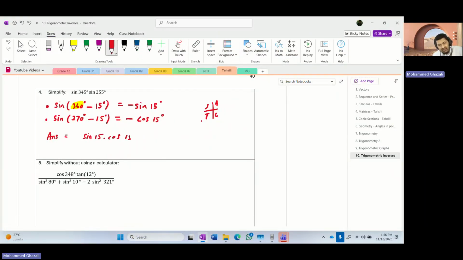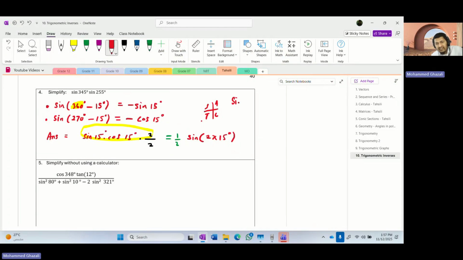Now look at this trick here. If I take this and multiply by 2 over 2, I will get half because of the 2 outside. And if I group all this up, I will get half sine 2 times 15, because it's a double angle.